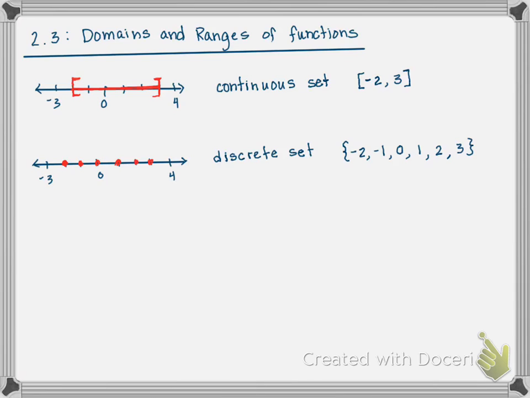We can combine the two. This doesn't come up super often, but there's a few graphs where we'll see it. So I might have 0, 1, 2, 3, 4. I maybe have the set from here to here.